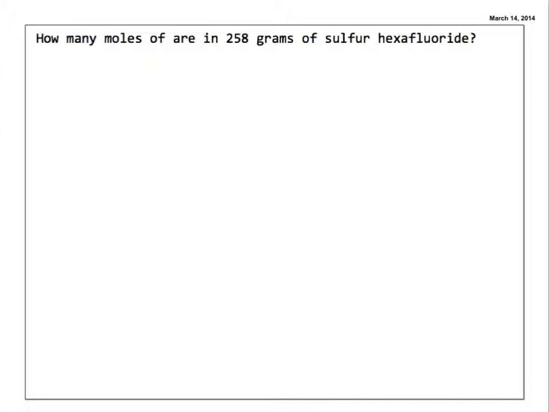So we have 258 grams of sulfur hexafluoride. Sulfur hexa, which means 6 fluoride. So that's SF6. So 6 times fluorine and 1 times sulfur. Sulfur is 32 grams.